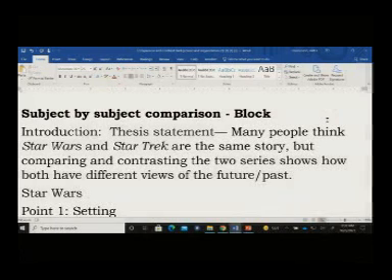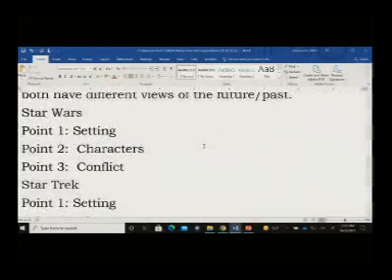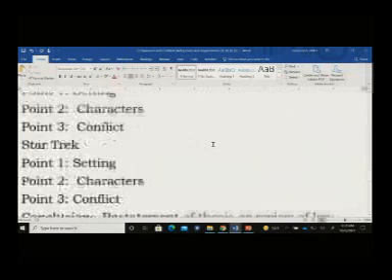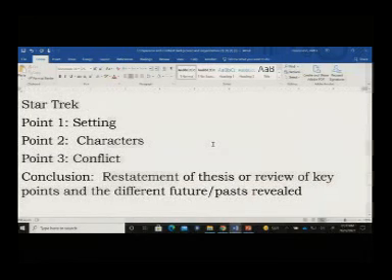That's kind of a vague thing, so if I write this paper, my whole point is going to be to show how they have different views about what's going to happen out in space. So Star Wars, I'm going to talk about setting, characters, and conflict, and Star Trek, setting, characters, and conflict. And so the conclusion would be a restatement of the thesis or review of key points in the different future past revealed. So I'm getting there.